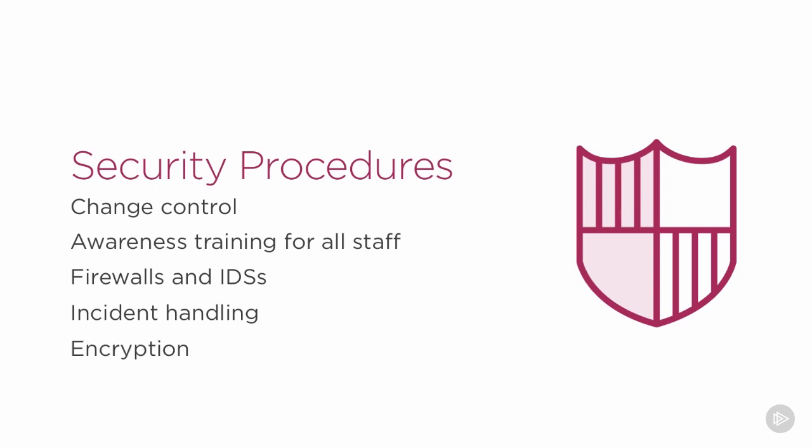We also put in procedures and policies that say things like all email must be encrypted. All of our data which is being sent off-site, maybe to a branch office, should be encrypted. Our backups should be encrypted. And these procedures help us then to ensure that we have protected our data even when it's in a vulnerable location.